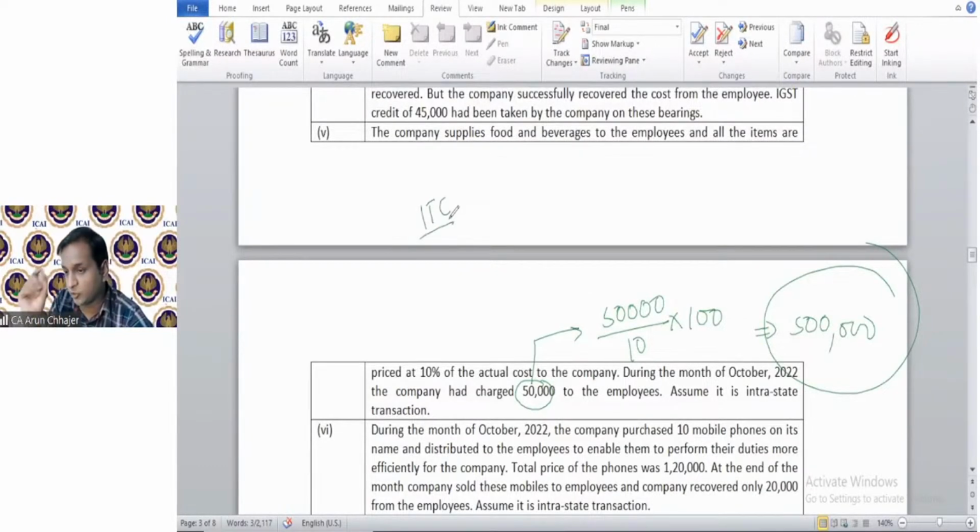One point I would like to add. I am asking the question: in this case, can I take the ITC on the food and beverages?